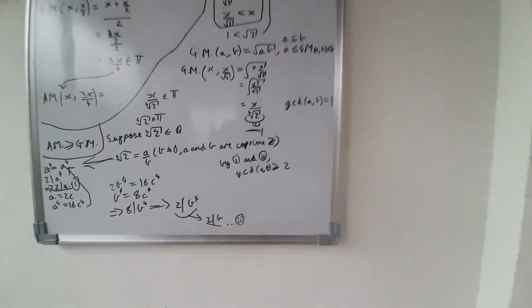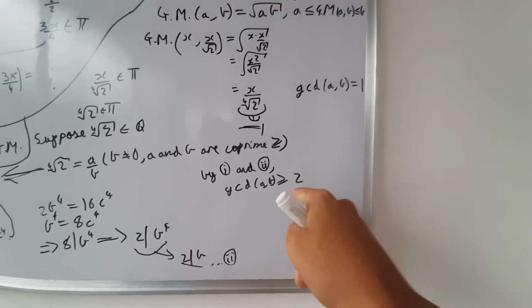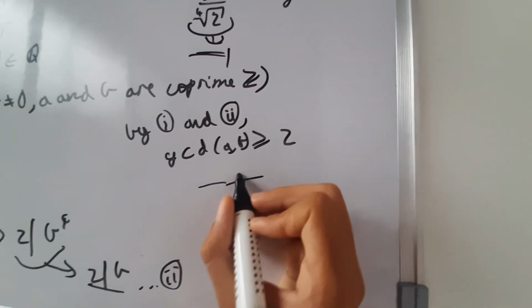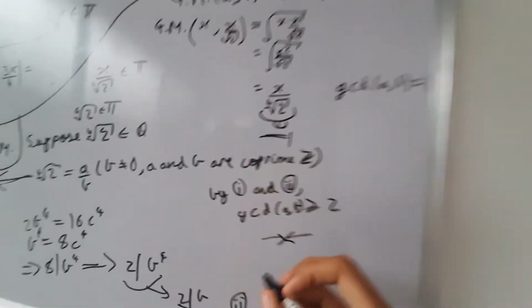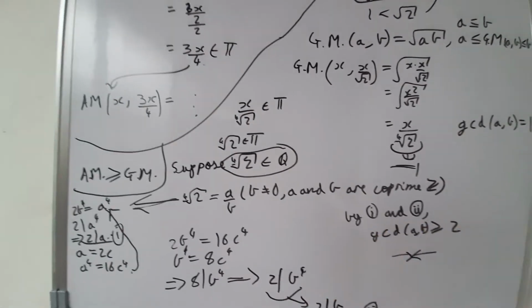It can be greater than that, but the least value it can have is 2. And of course that's a clear contradiction. So what we've contradicted is this statement right here.